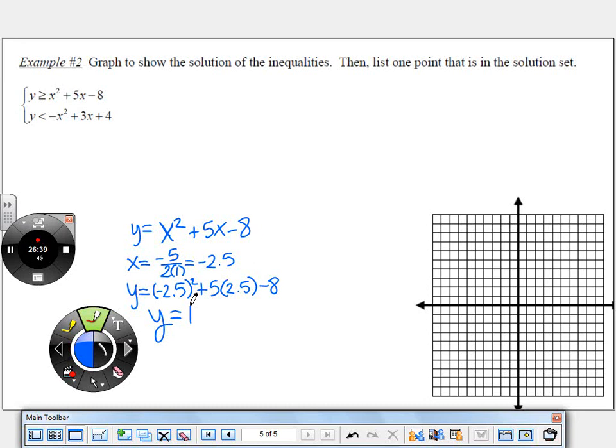Oh, negative. Sorry. So negative 14.25? Okay. Sorry, I tricked you guys. I didn't mean to. All right, so negative 2.5, negative 14.25.